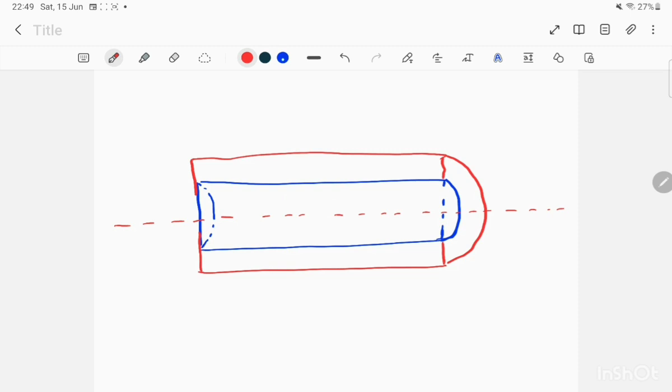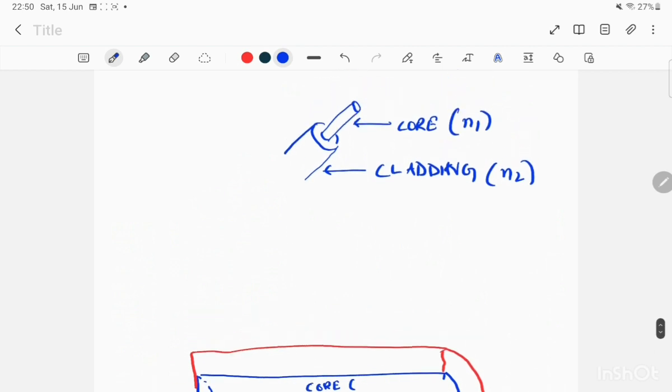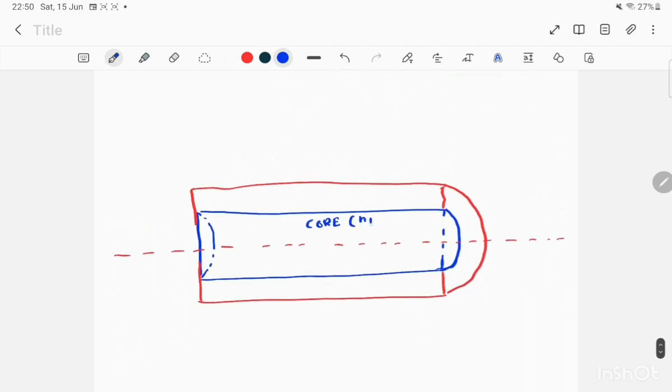So this is our core, and the refractive index of the core is N1, and this is our cladding, and refractive index is N2. Now what happens, say ray of light will enter here. It can enter like this, like this, in any direction.